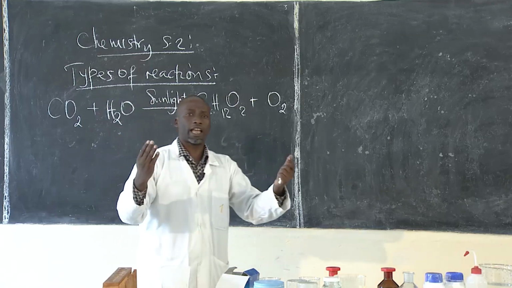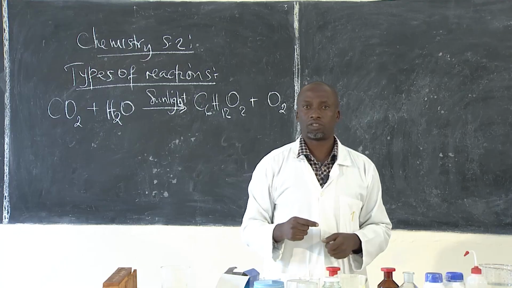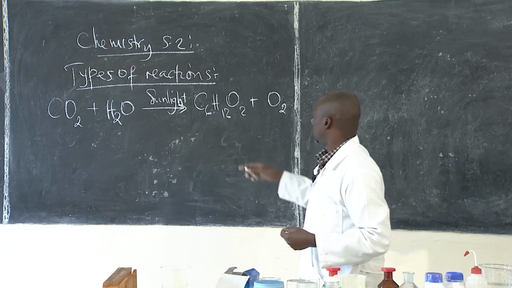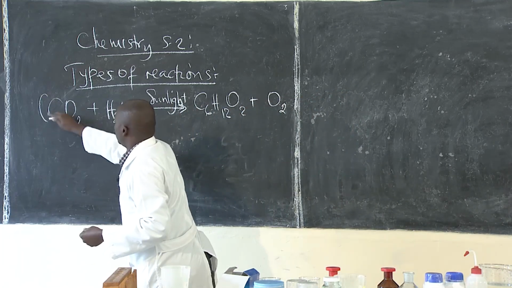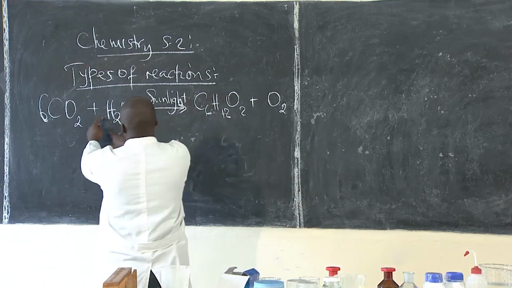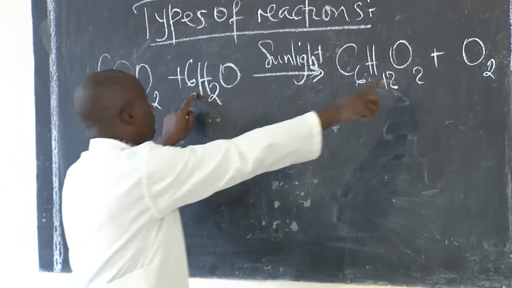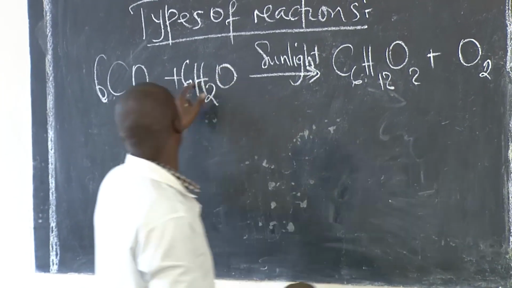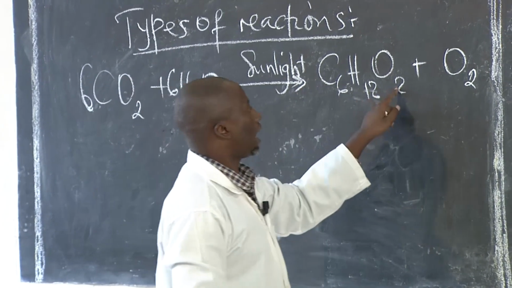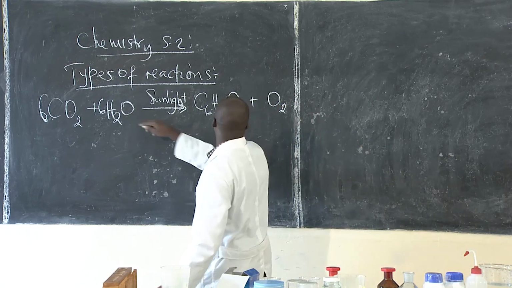So in all the reactions, please, you need to always balance the reactions. So when you write a reaction, you have to make sure the reaction is balanced. So carbon is 6. And then we have hydrogens, they are 12, so they have to balance here. So we need 6 water molecules to make them 12. The oxygens here we have 6, and then we have 6 and 2, this is 12, so this makes 18. And here we have 2, and here we have 2, so we need to make them 18 as well.